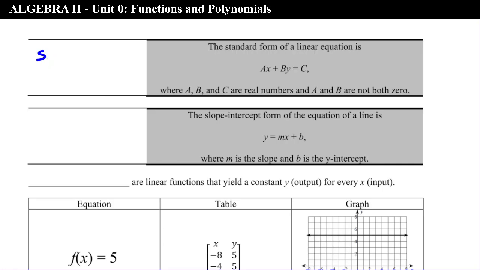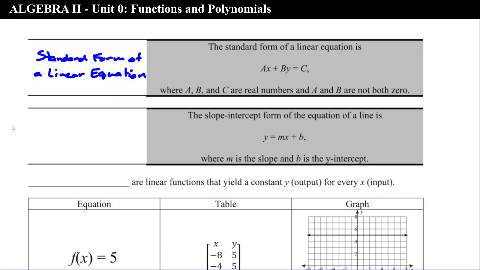This first one is your standard form of a linear equation. Your standard form of a linear equation is ax plus by equals c, where a, b, and c are real numbers, and a and b are both not zero.